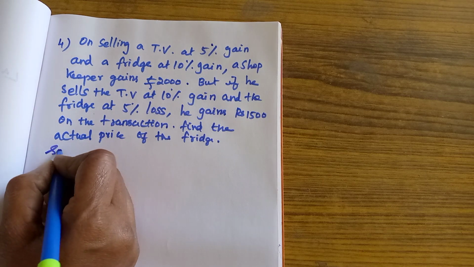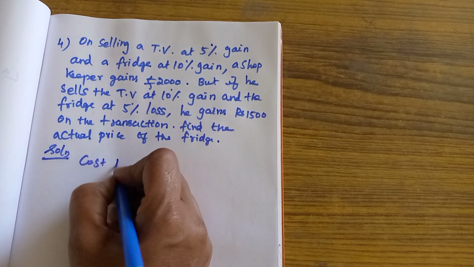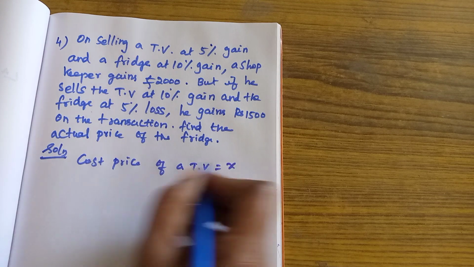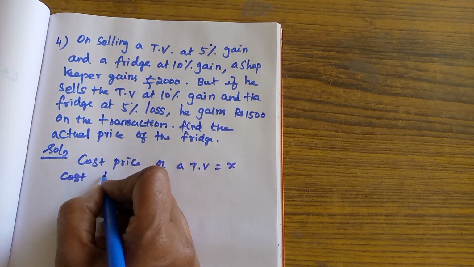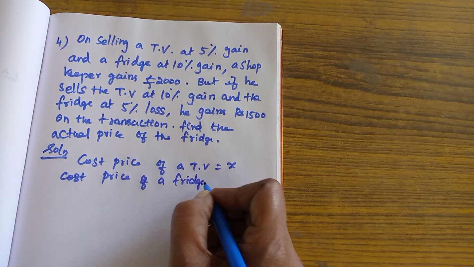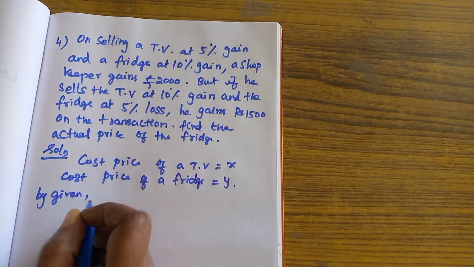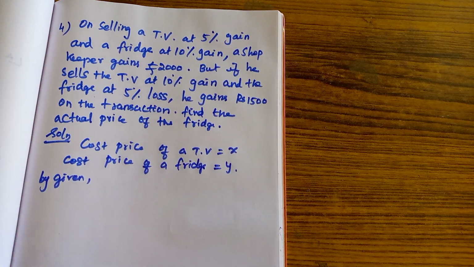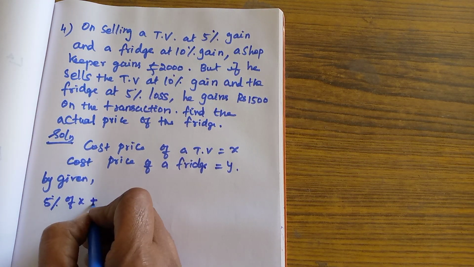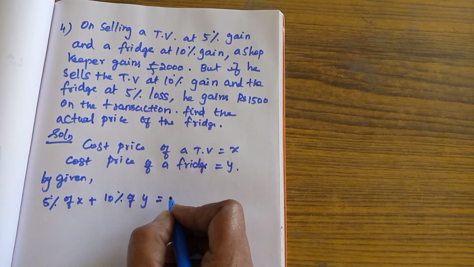So let us take the cost price of a TV equal to x and the cost price of a fridge equal to y. By the first condition, 5% gain is given. So 5% of x plus 10% of y is equal to the given 2000.